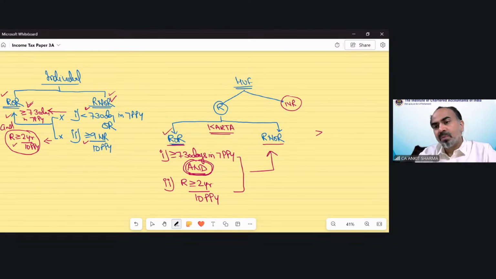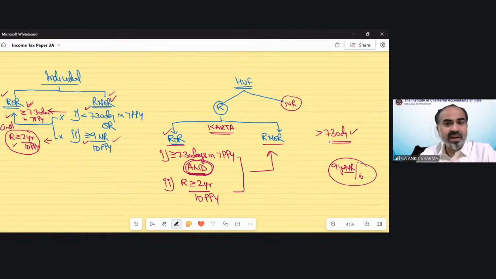Because suppose the more than 730 days condition is fulfilled, but he becomes 9 years non-resident out of 10. Then this condition does not satisfy. So if both are satisfied, ROR. If any of these conditions does not satisfy, then automatically he becomes resident and not ordinary resident. I'm just trying to make you understand that these conditions are not new. If you reverse these conditions from the point of view of ROR, then automatically these will become those conditions.